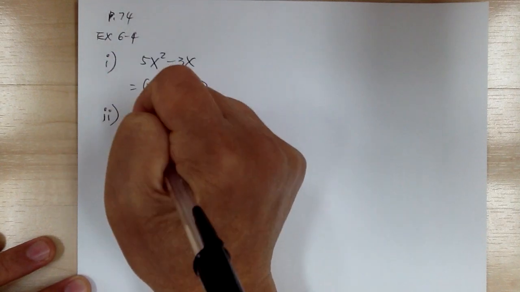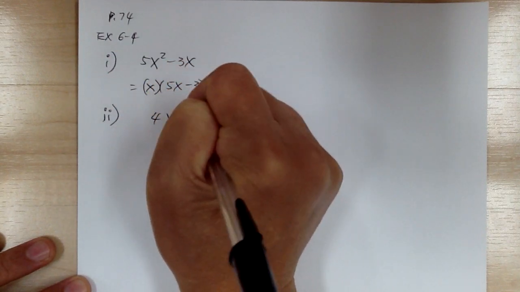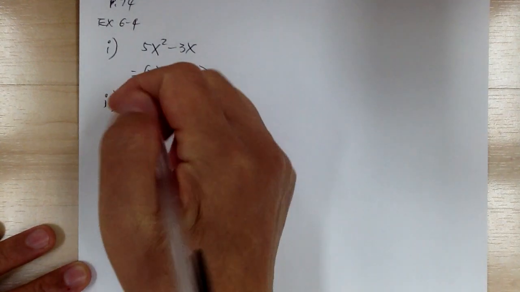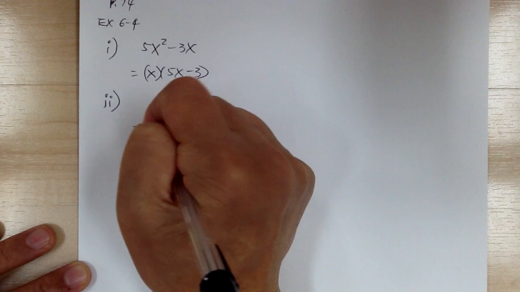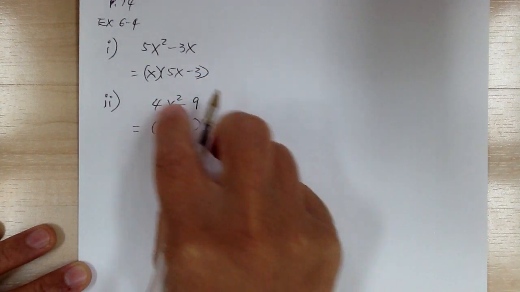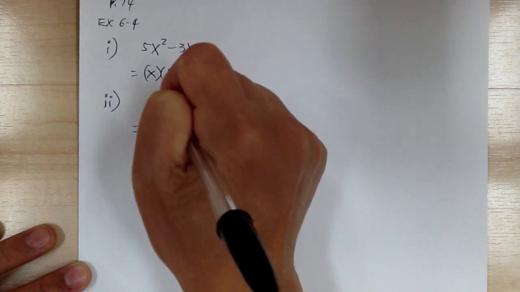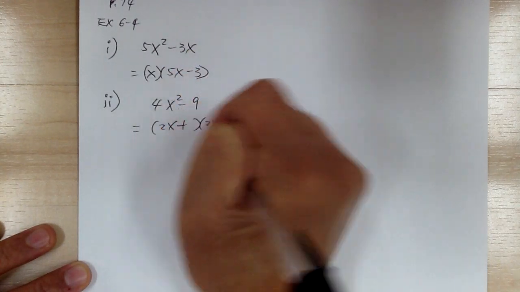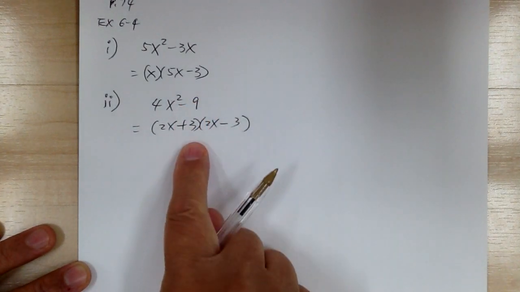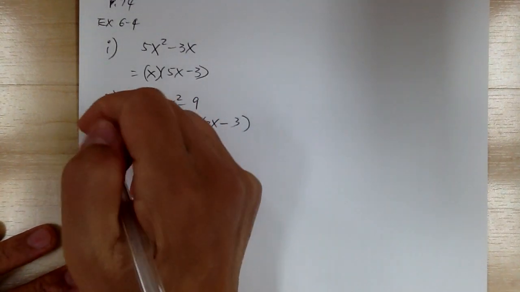Now the second case, you've got 4x squared minus 9. This is a square minus a square, so this is a difference of squares when you factor. 2 times 2 gives you 4, x times x gives you x squared, plus times minus gives you minus, 3 times 3 gives you 9. So this breaks down into conjugates.